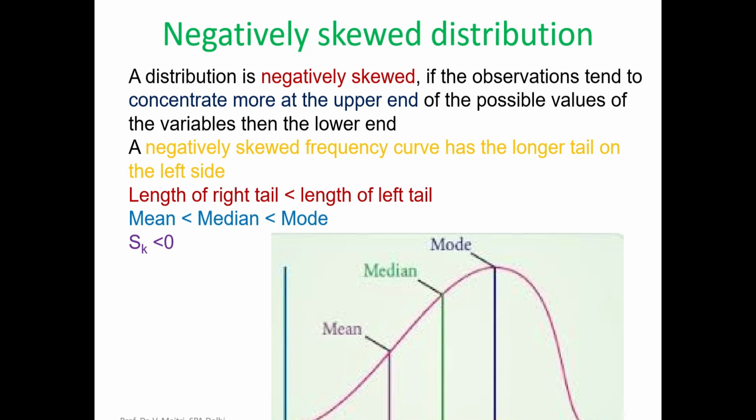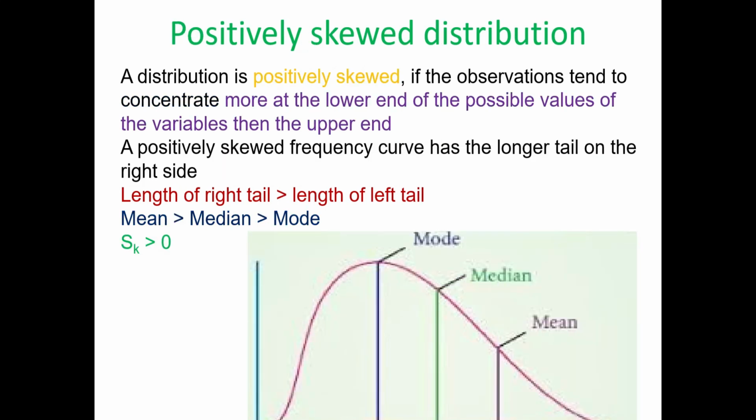The frequency curve has a longer tail on the left side, the right tail is shorter than the left tail, mean is less than median and less than mode, and skewness is less than 0. Similarly, for a positively skewed curve, the right tail is longer than the left tail, mean is greater than median and greater than mode, and skewness is positive.